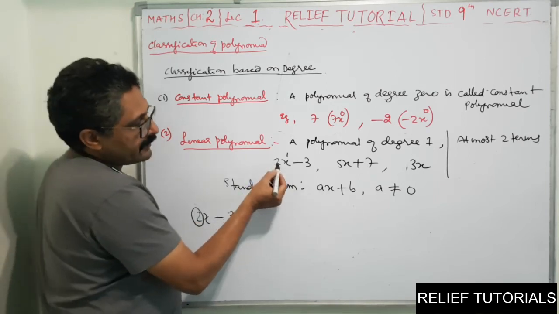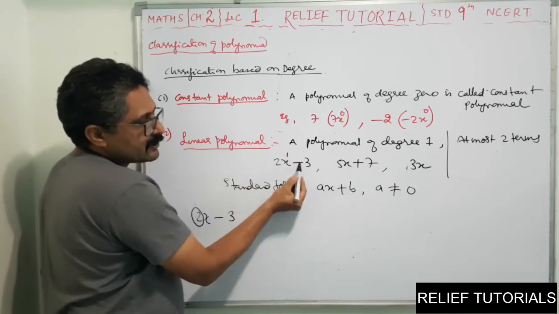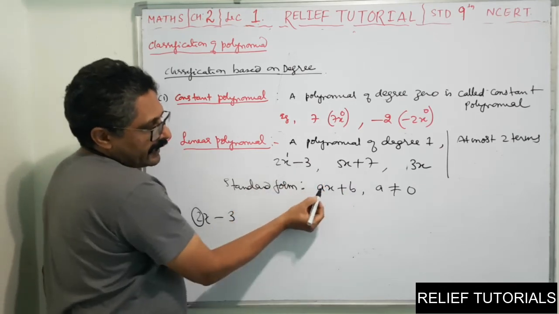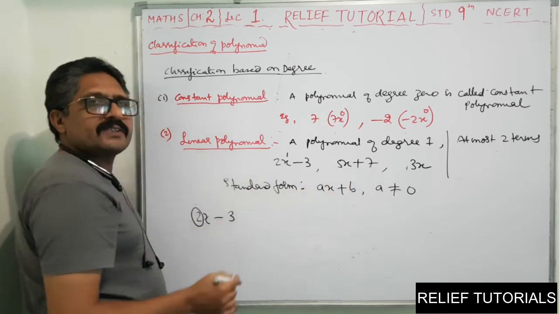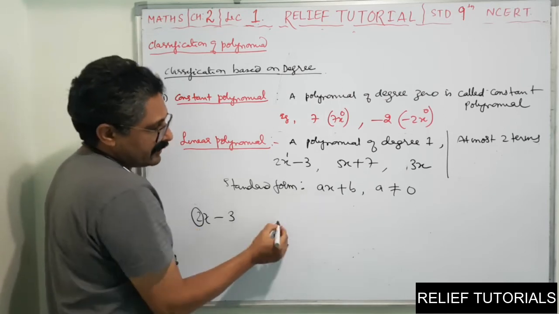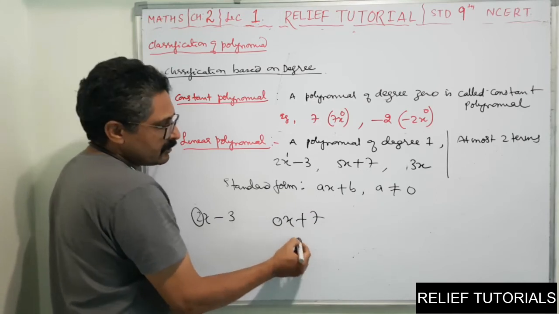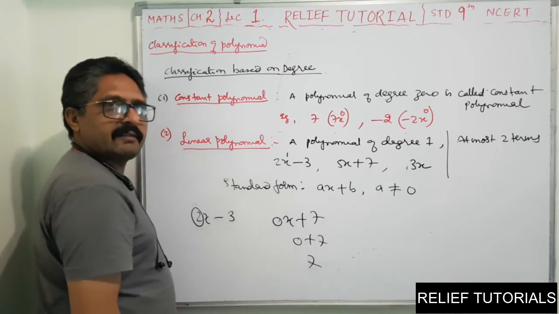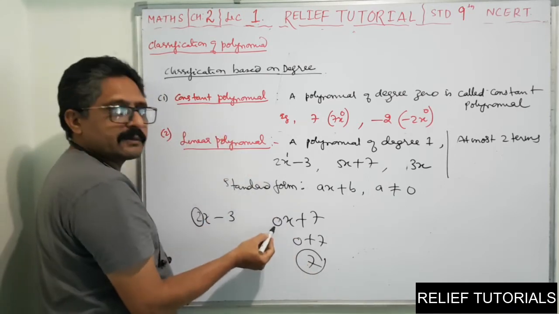So the general form I have written is ax plus b. Here a is equal to 2 and b is equal to minus 3. Here a is equal to 5 and b is equal to 7. So a and b are constants and a should not be equal to 0. Why? Because if a is 0, I get 0x plus 7. So 0 into x is 0, and 0 plus 7 is 7. So now it is a constant polynomial. It is not a linear polynomial.